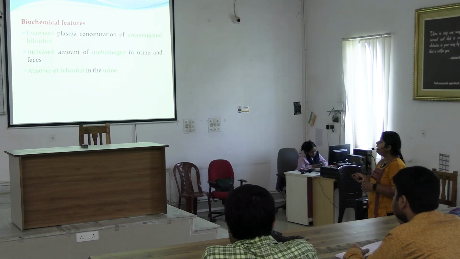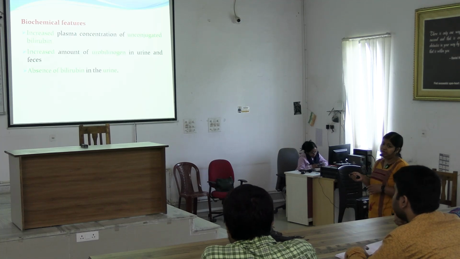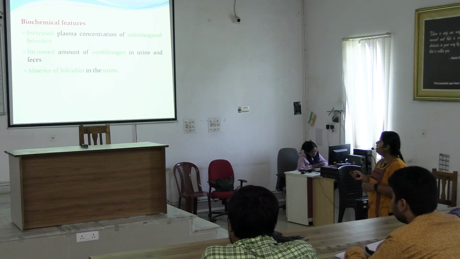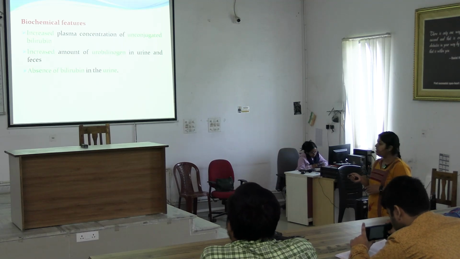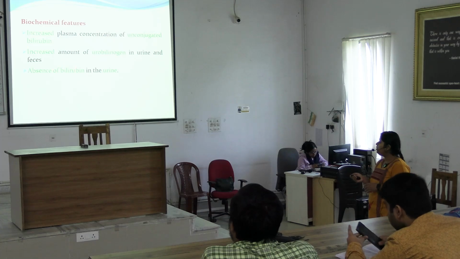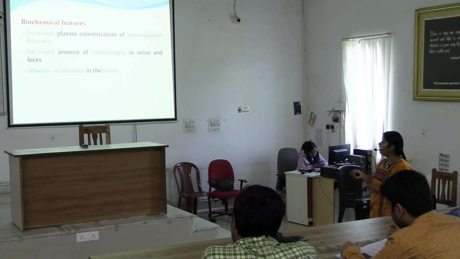So, in case of hemolytic jaundice, the plasma concentration of unconjugated bilirubin or indirect bilirubin will be much increased, and urobilinogen in urine and feces will also be increased, but there is absence of bilirubin. Bilirubin, meaning conjugated bilirubin, will be absent in urine.